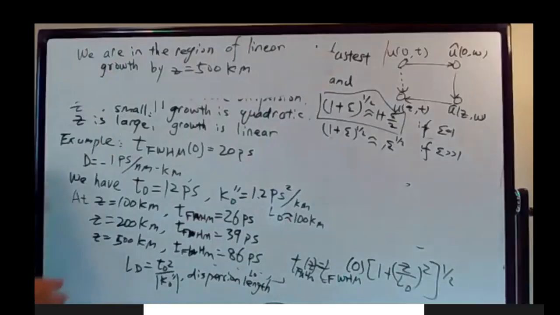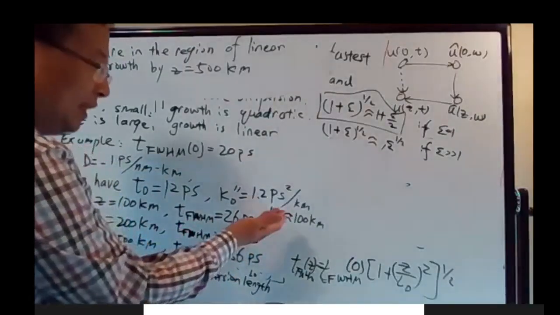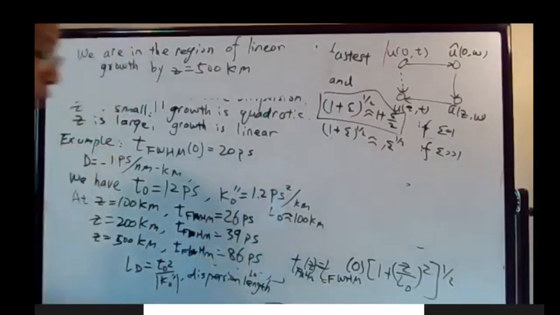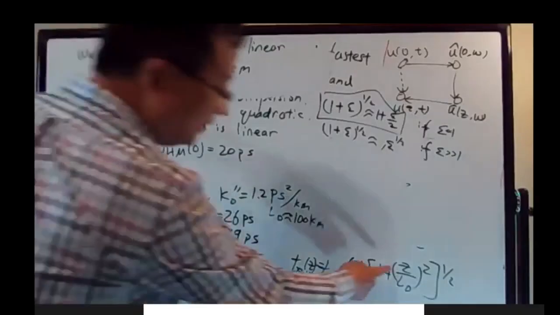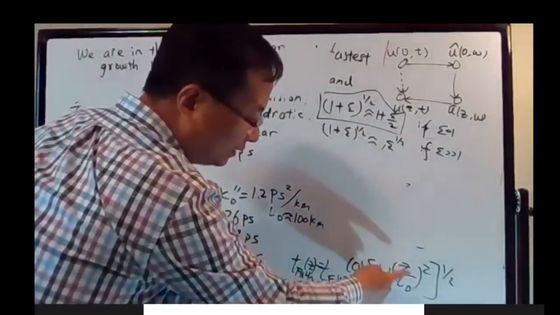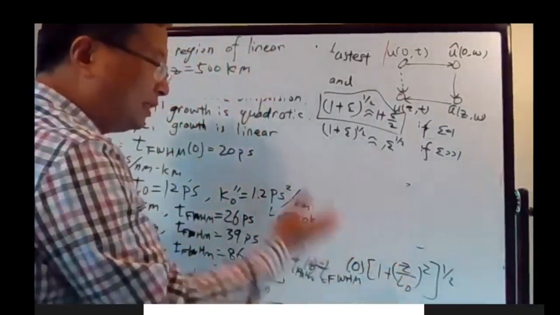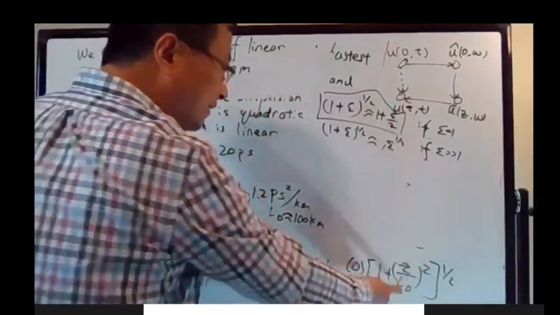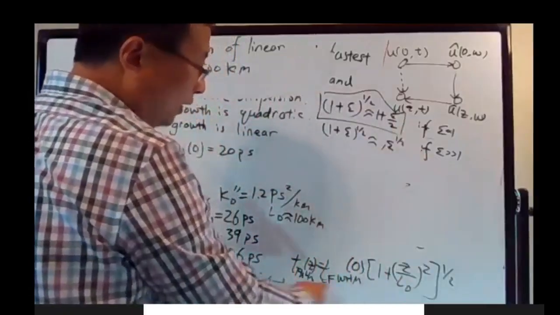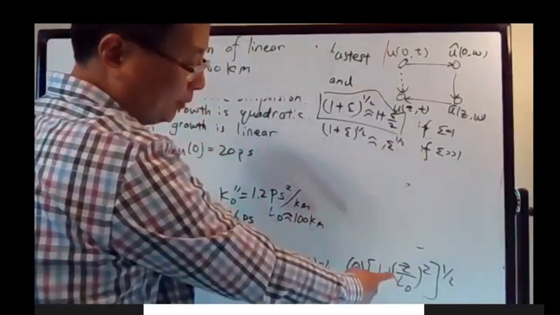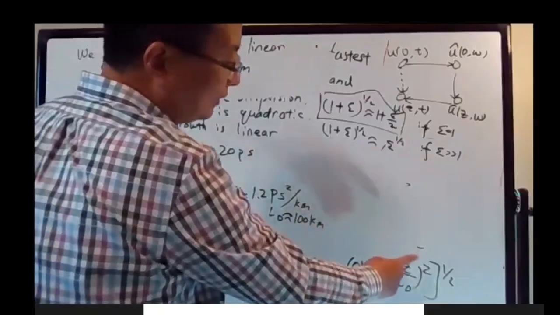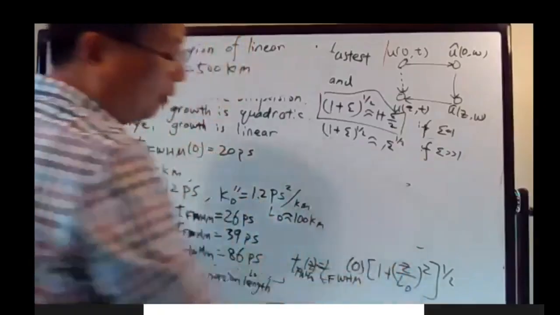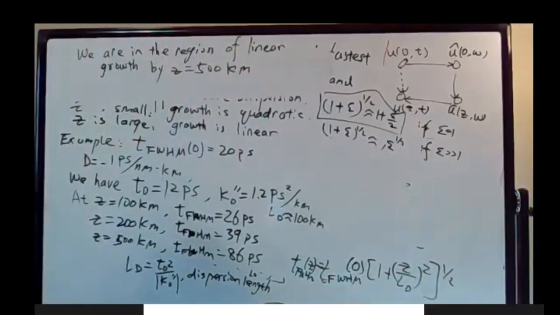In other words, when we understand it, once the propagation distance is way less than LD, the broadening is almost negligible, right? For example, 1 plus 0.01 has almost no impact.